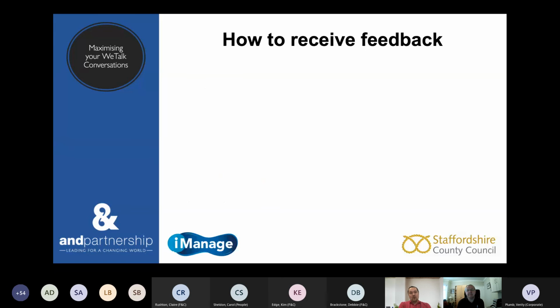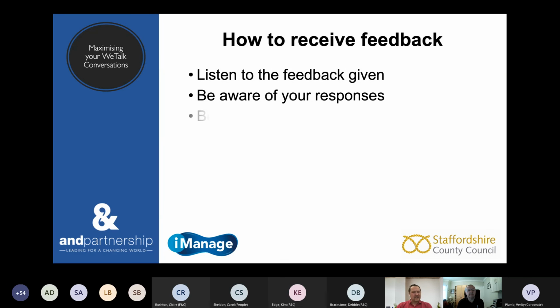So the final part that I wanted to look at was how you receive feedback, because two-way feedback is crucial here when we're having the WeTalk conversations, and it might not always be easy to actually receive feedback. So, as we've got on the slide there, listen to the feedback, really listen, don't interrupt, hear that person out, avoid distractions and listen to understand.